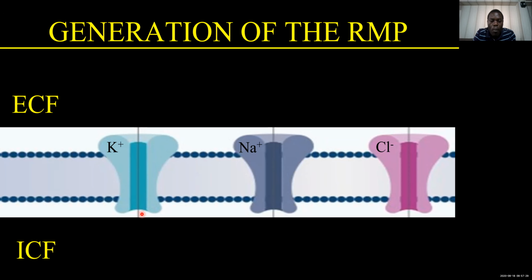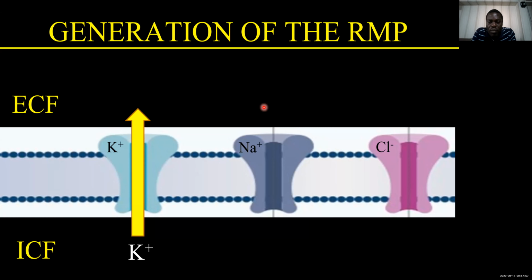Anyone? Towards the extracellular fluid. Thank you, Linda. Potassium will move outwards. The reason why potassium moves outwards is because potassium is more inside the cell than outside the cell.